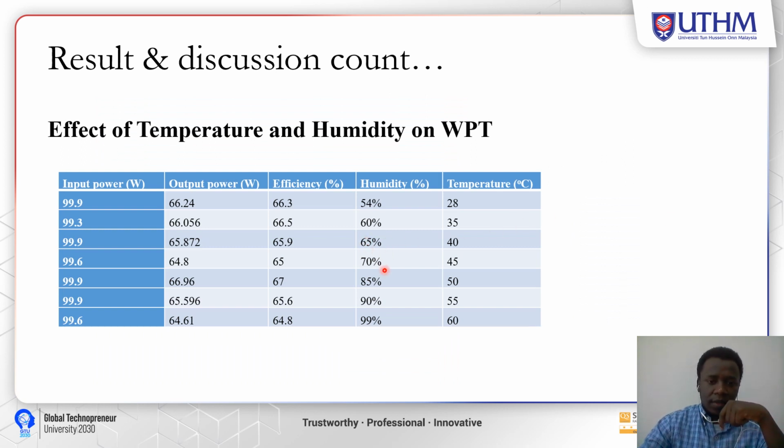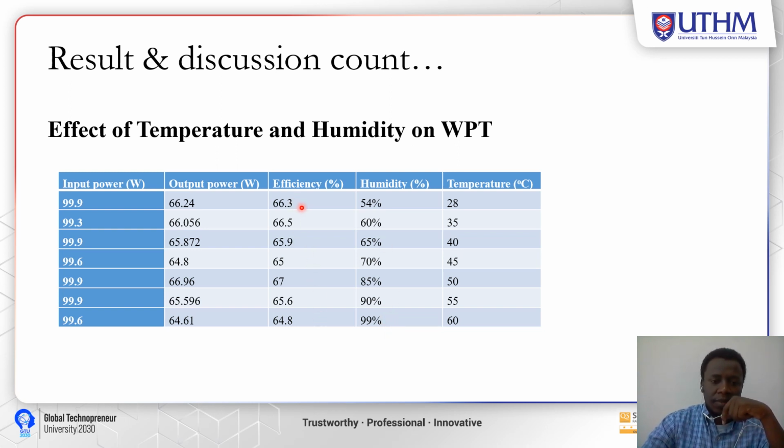So this table is obtained as we test the temperature and humidity, and we can see the efficiency as the temperature increases from 28 degrees Celsius, which is room temperature, to 60 degrees Celsius, and humidity from 54%, which is room humidity, to 99%. The efficiency is almost the same.